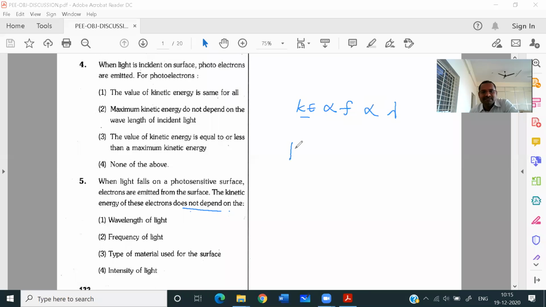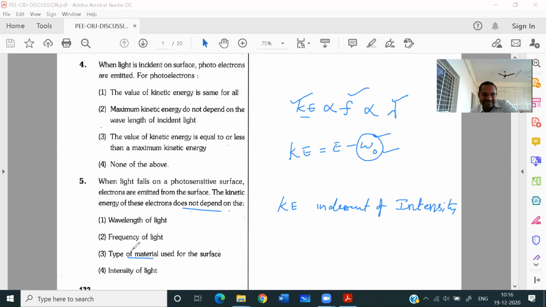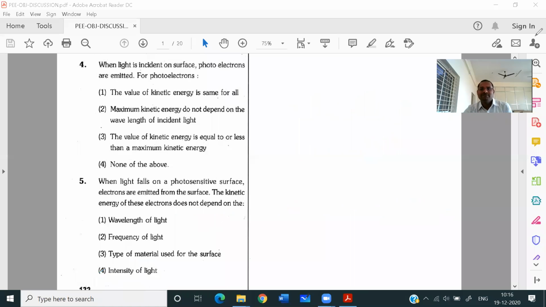In this kinetic energy equation, energy minus work function, the work function depends upon nature of the material. This means kinetic energy depends upon frequency, wavelength and material used. But kinetic energy is independent of what? Intensity of light. We have studied this as a law of photoelectric effect. So this is your answer. It does not depend upon intensity of light. Got it, students? Understanding now clearly? Next, question number 5 is over.